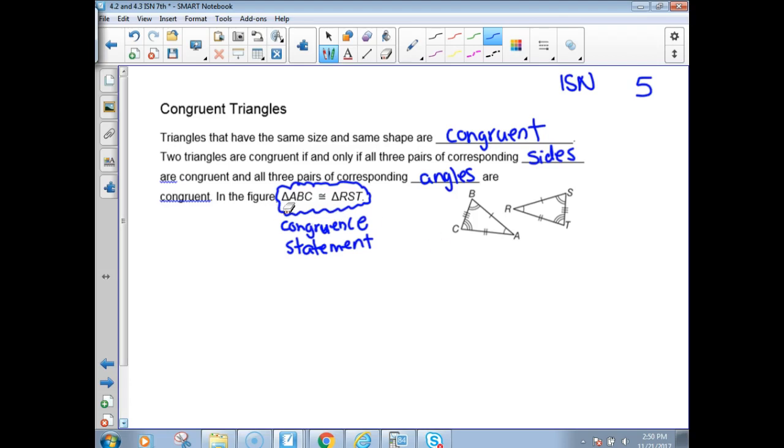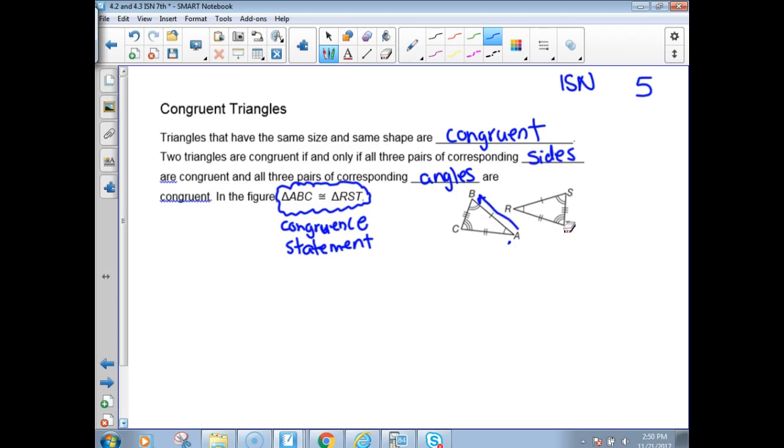So if you choose the first triangle's letters, ABC, why did they write RST? Well, there's a good reason, and that's the only way that they could write this congruent statement. If they start with ABC, it had to be RST because when you start at A and go then to B, you are going from a single marked angle to a double marked angle.